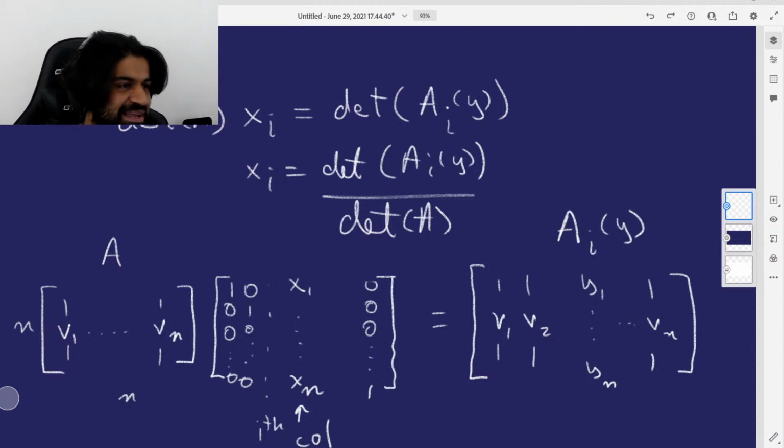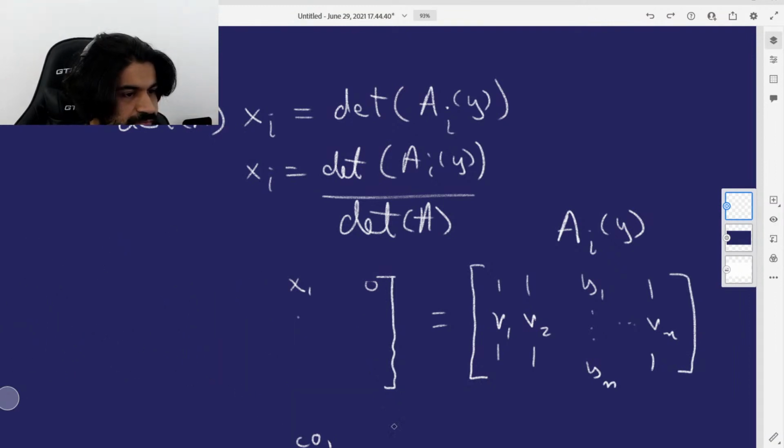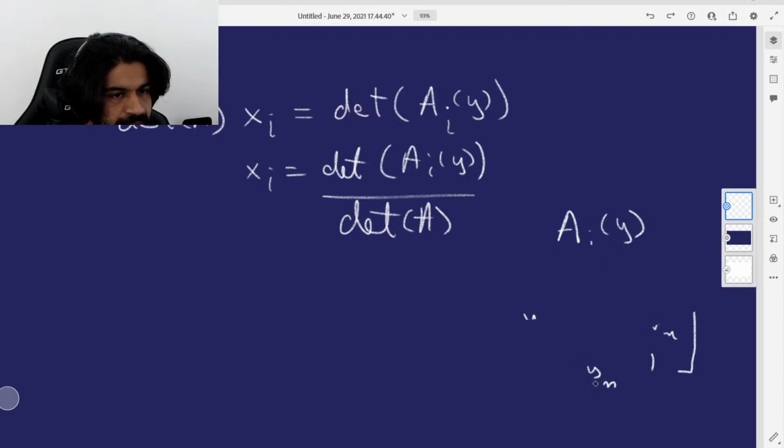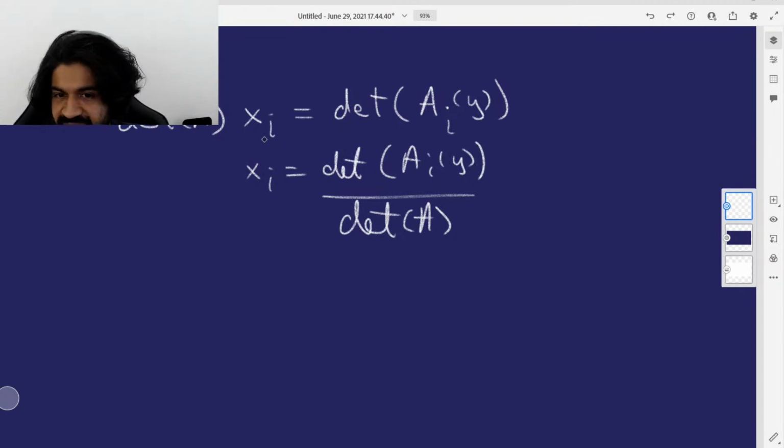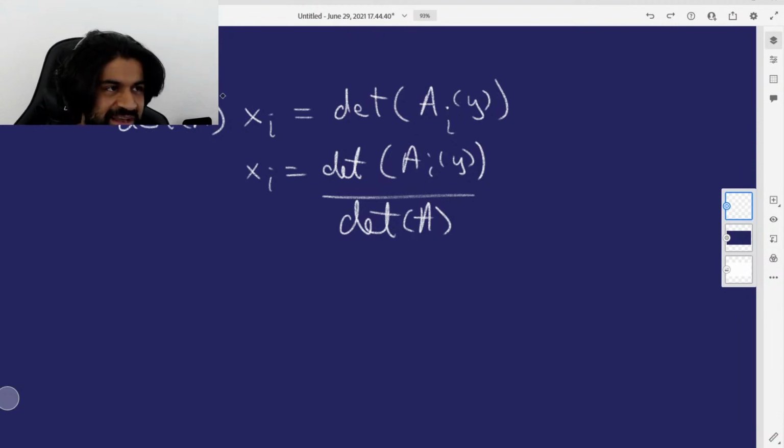So what am I talking about here? Let me elaborate a little bit. We now have a formula for the ith solution, the solution to the ith unknown in a system of equations.